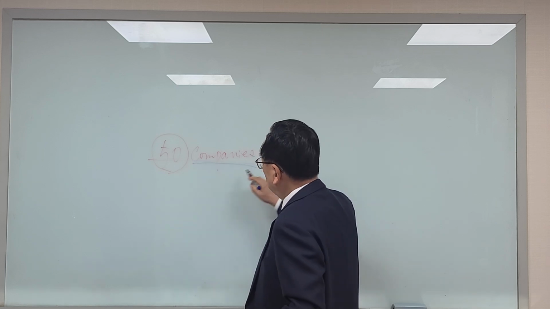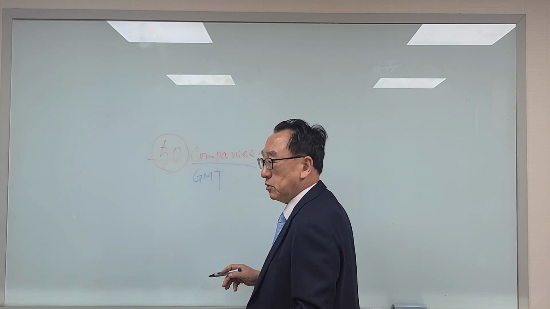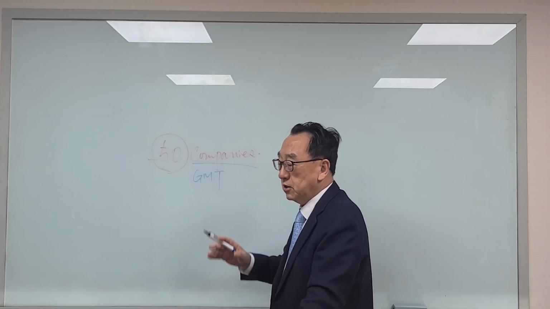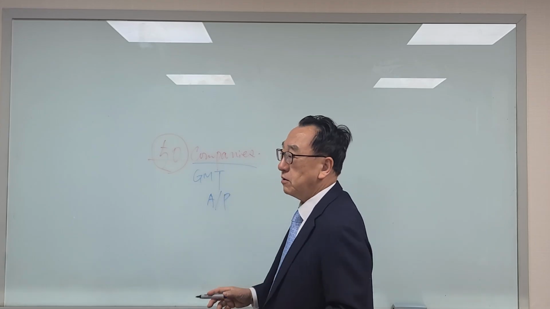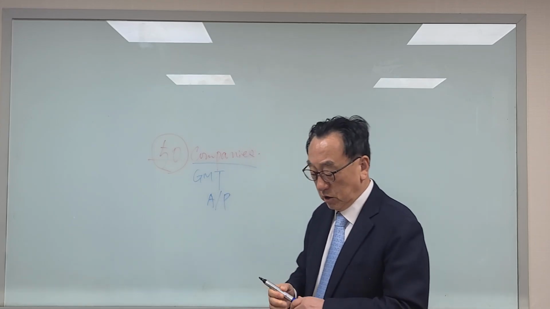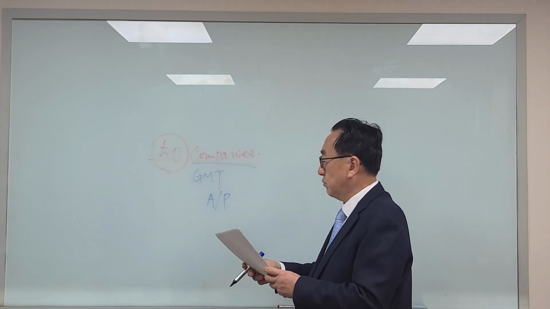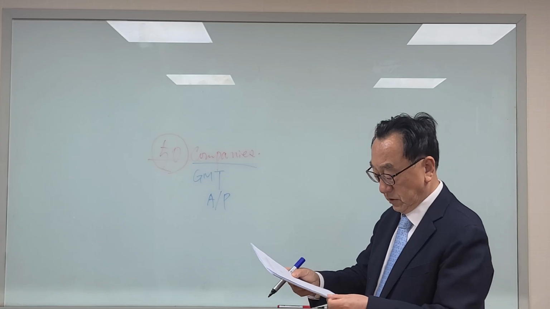But for global minimum tax purposes, all the accounting principles should be unified into one accounting principle, which is used by the parent entity. So this needs the unification of the accounting principle from each constituent entity.